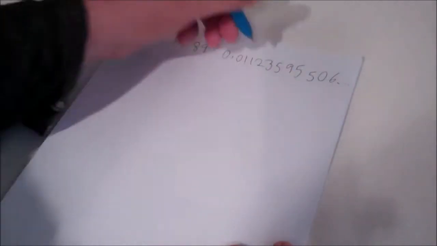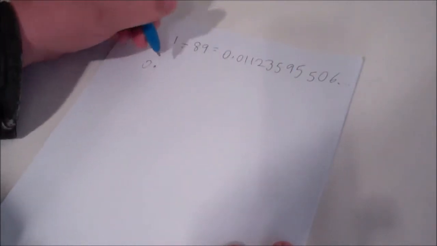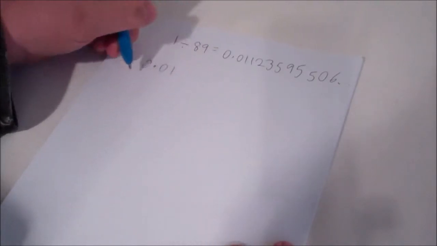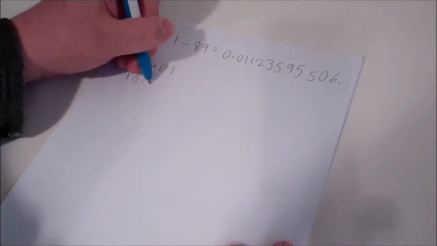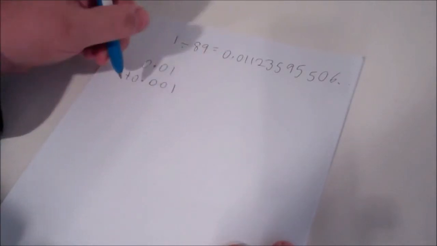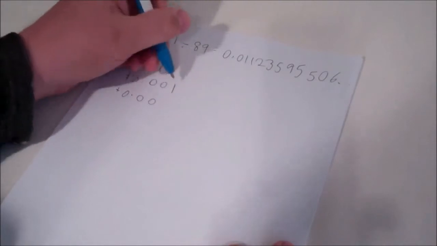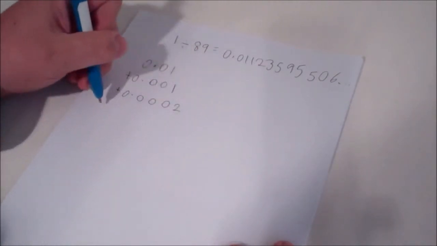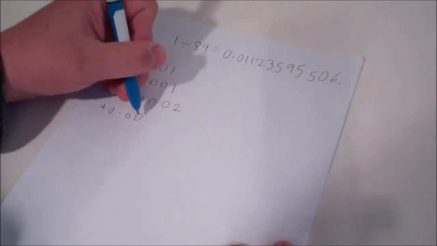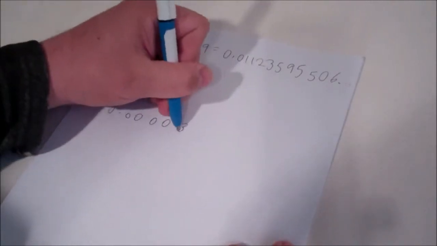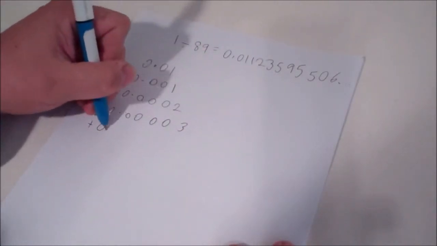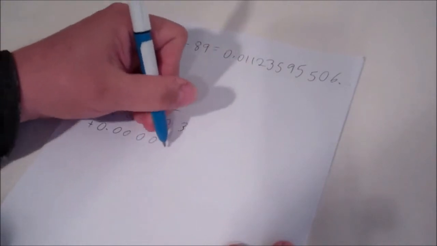Well, let's write this number out in a slightly different way. Let's go 0.01 plus 0.001 plus 0.0002, you can see the 3's coming down on the next place there.